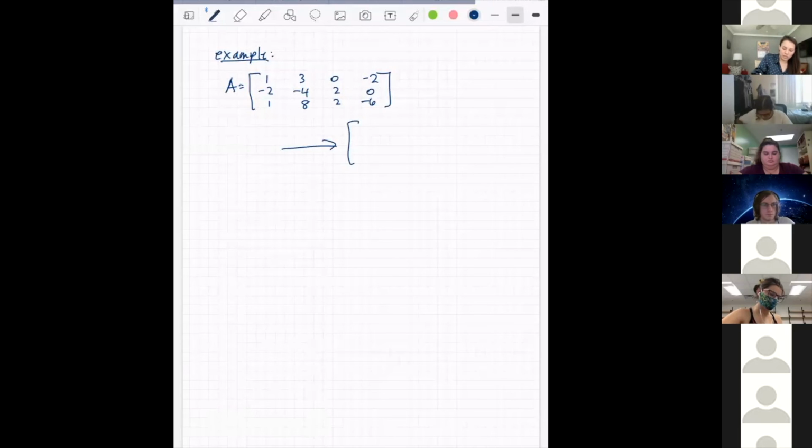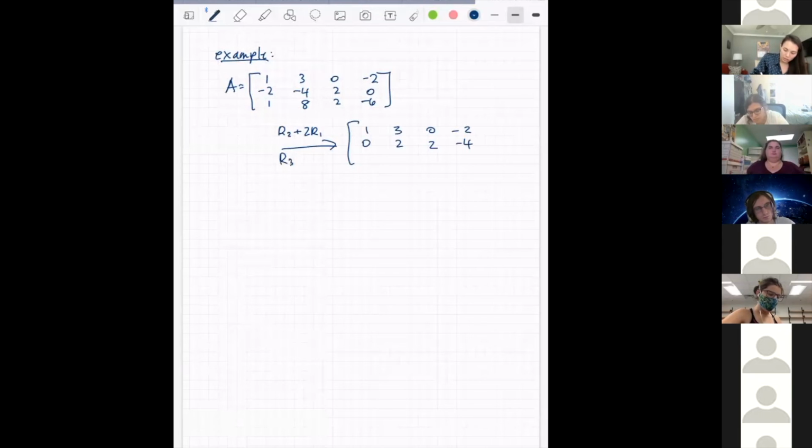So we can take row 2 and replace it with row 2 plus 2 times row 1, right? And that would give us 0, 2, 2, -4. And then we can also do row 3 at the same time.